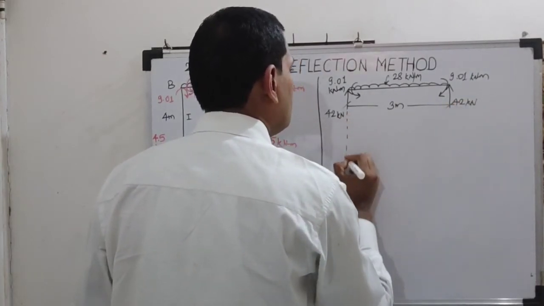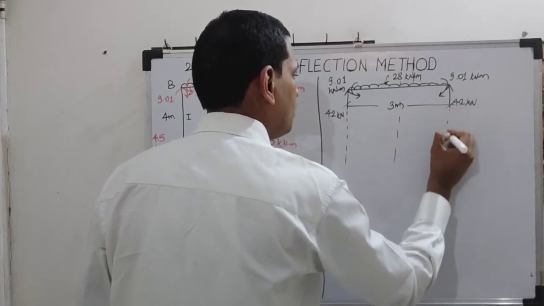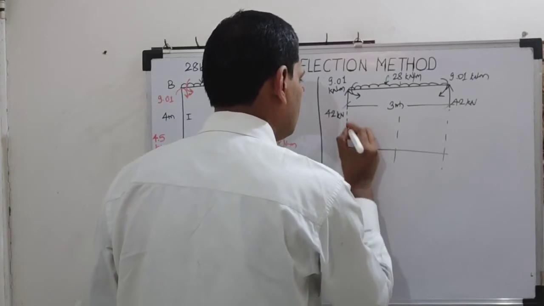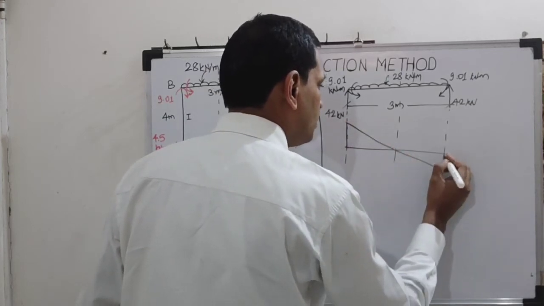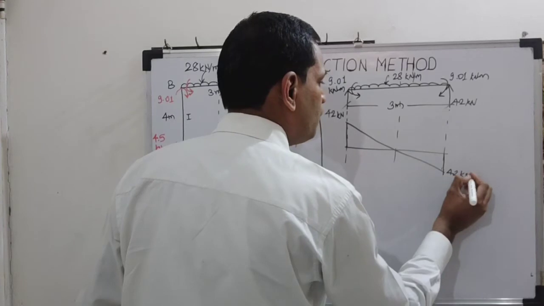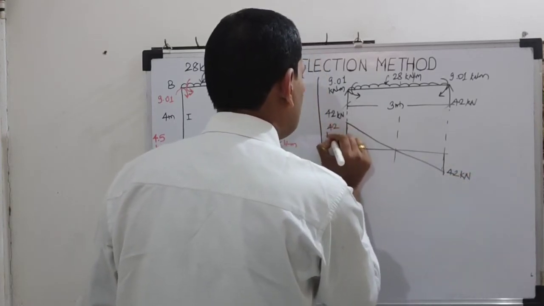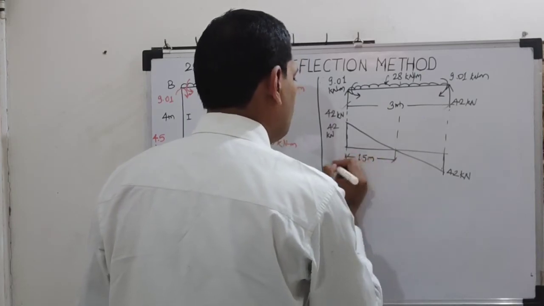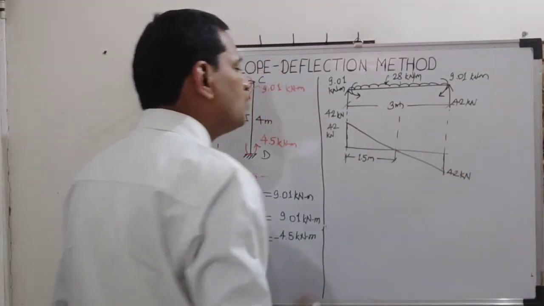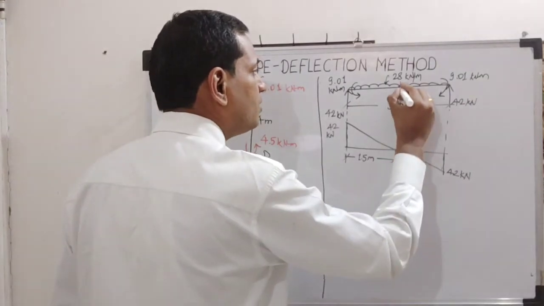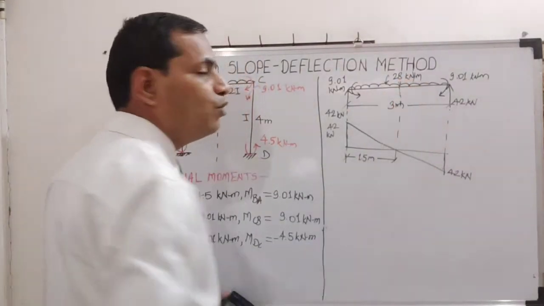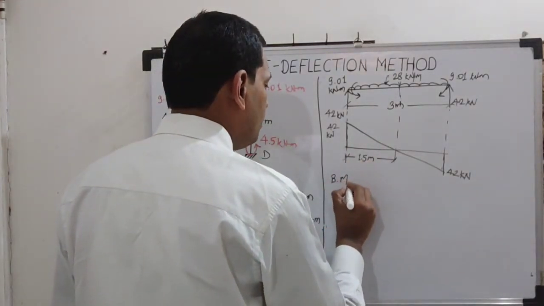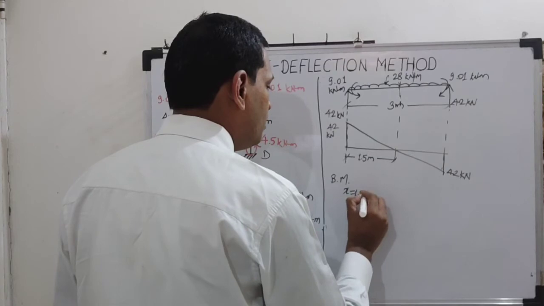And SFD will be something like this. Yes. So this is our shear force diagram, where point of zero shear force is at 1.5 meter from B. So here we have to take section and write moment value. So we will write equation, bending moment at x is equal to 1.5 meter from left hand side.